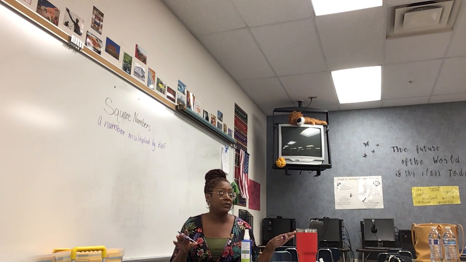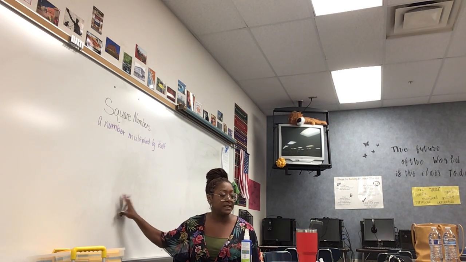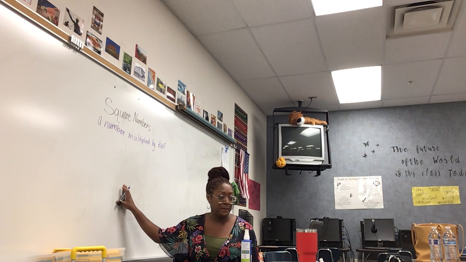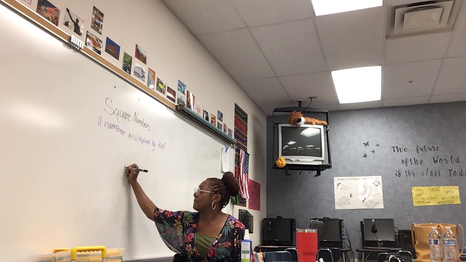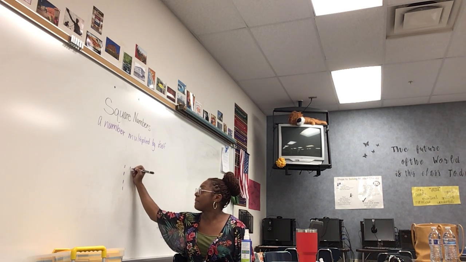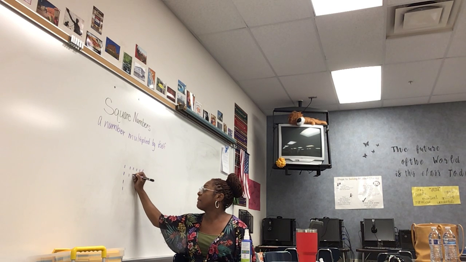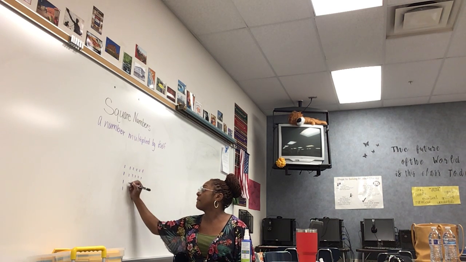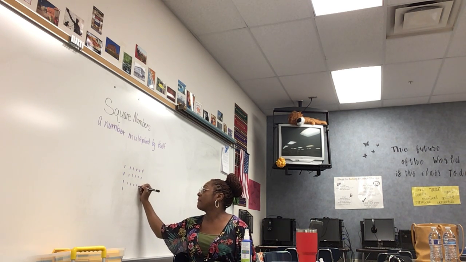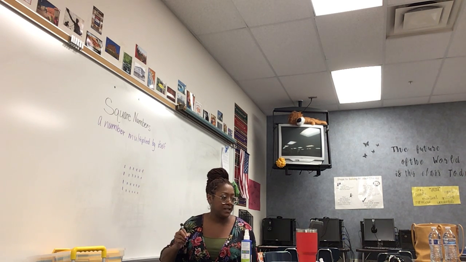I got confused this morning. I said that was an array. It was not an array. What we had with those blocks were just square numbers. This is an array, what I'm about to show you, okay? An array does not mean it has to be a square number, okay?